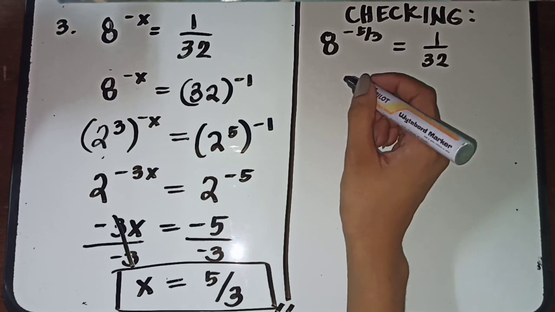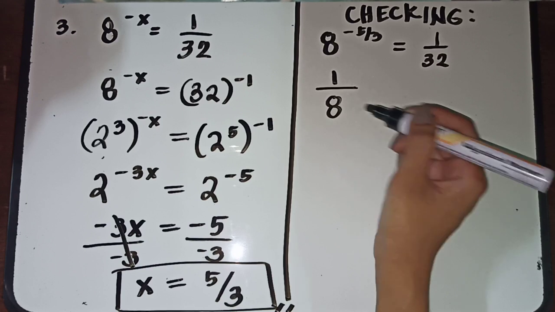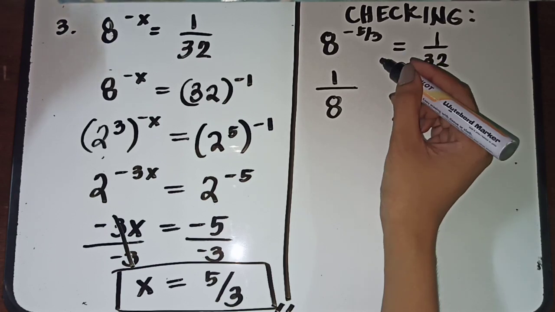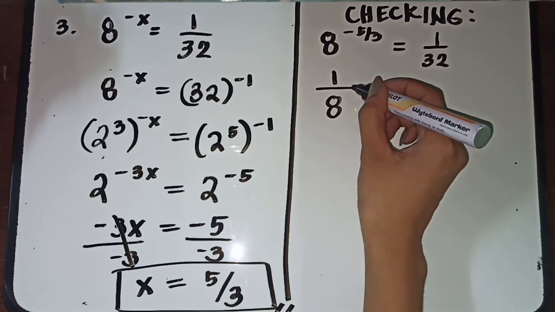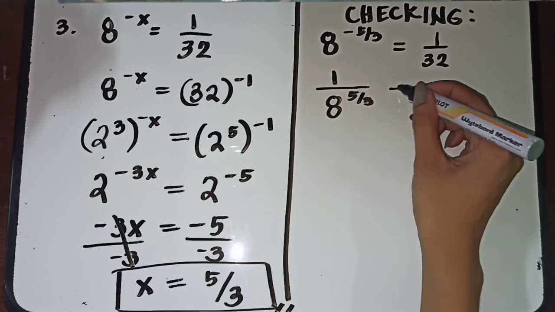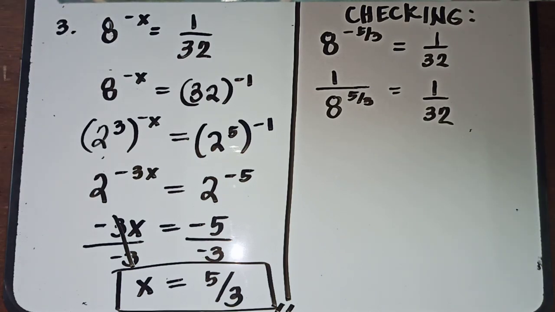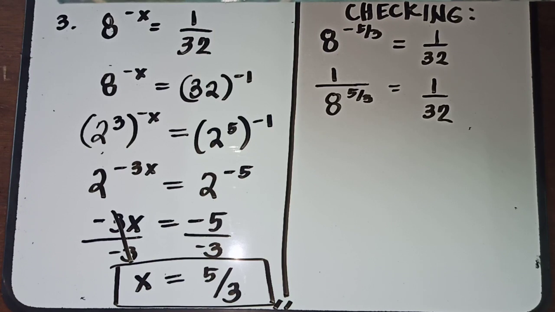So, this is also equal to 1 over 8. So, get the reciprocal and make the exponent positive. So, we have 1 over 8 raised to 5 over 3. So, is equal to 1 over 32. Okay? So, next.